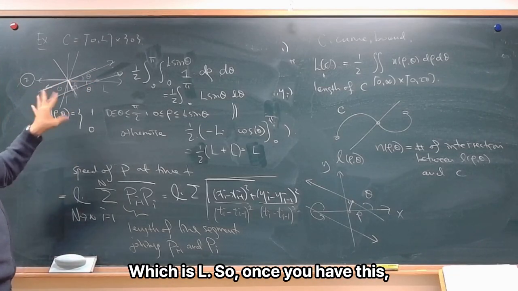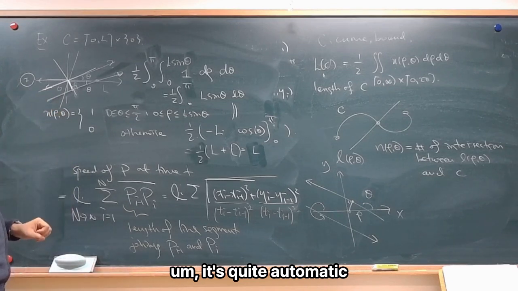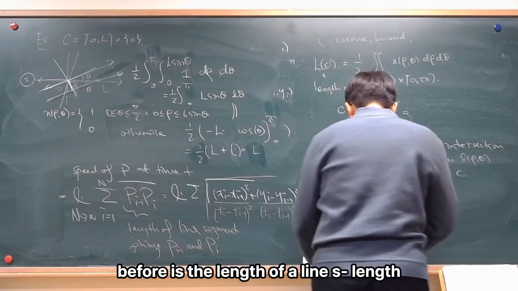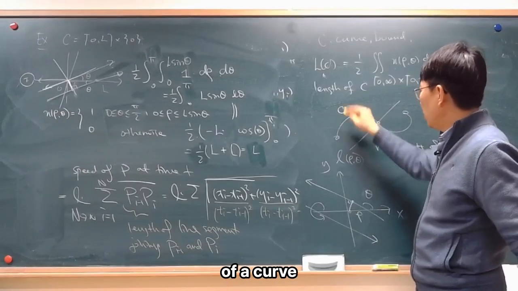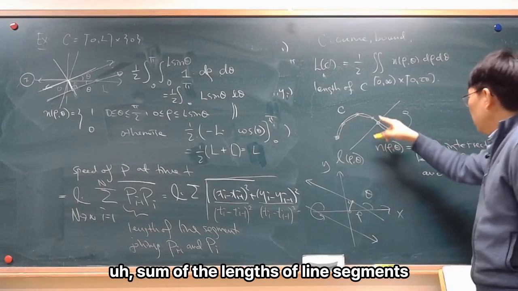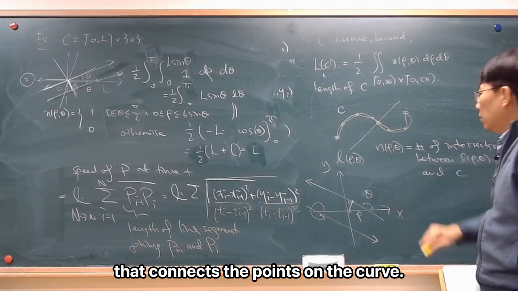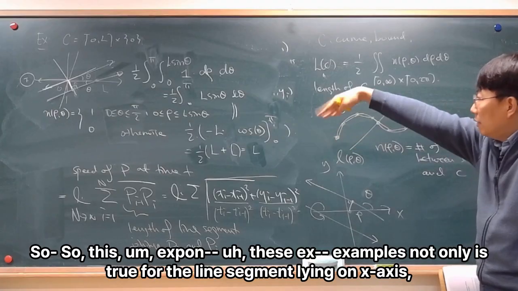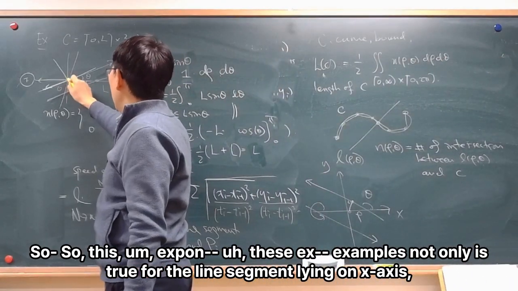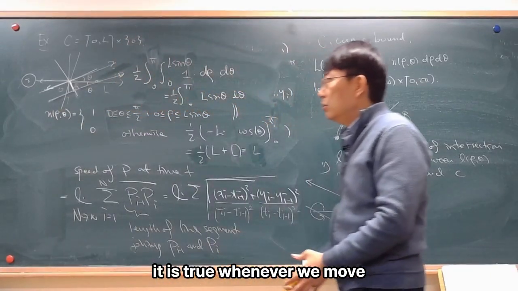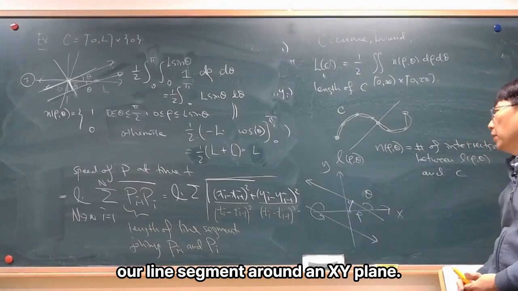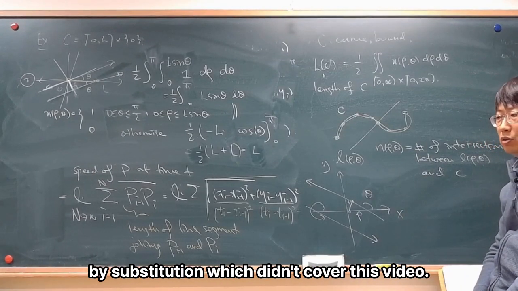So once you have this, it's quite automatic that this holds for every curve, because what we have done before is that the length of a curve is just the approximation of the sum of the lengths of line segments that connect the points on the curve. So this example is not only true for the line segment lying on the x-axis, it is true whenever we move our line segment around in the xy plane. It's actually about integration by substitution, which this video didn't cover.